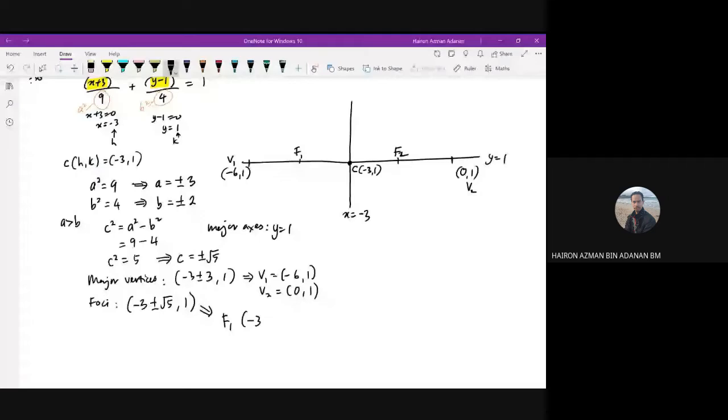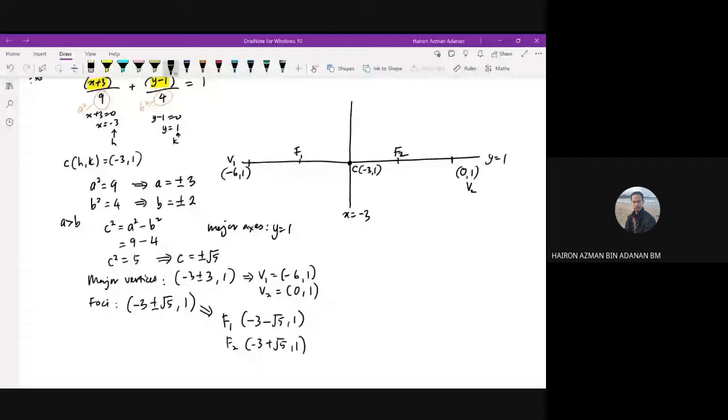Where are your foci? Foci are on the major axis. What value do we need to change, x or y? Of course, because the major axis is parallel to x, the value of x you need to change. So the first foci is negative 3 minus square root 5, 1, and the second foci is negative 3 plus square root 5, 1.